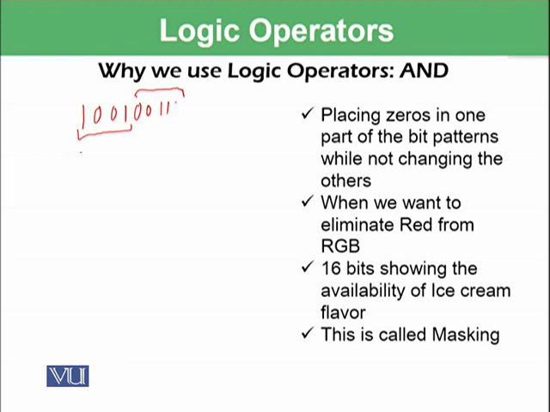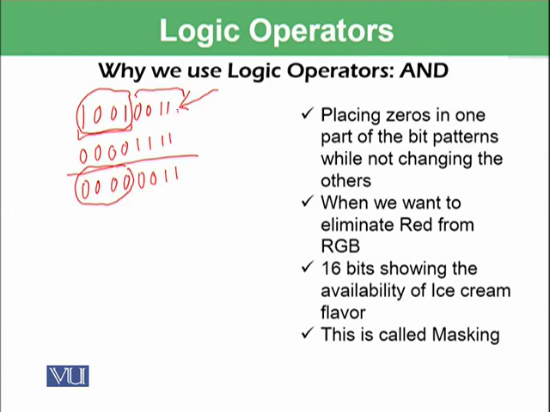What you can do is AND it with the number 0 0 0 0 1 1 1 1. Let's see the answer: 1 1 would be 1, 1 1 would be 1, 1 0 would be 0, 1 0 would be 0, and all of these other bits would be 0. You have seen that we have changed the first 4 bits of the number to 0, while the next 4 bits remained unchanged.